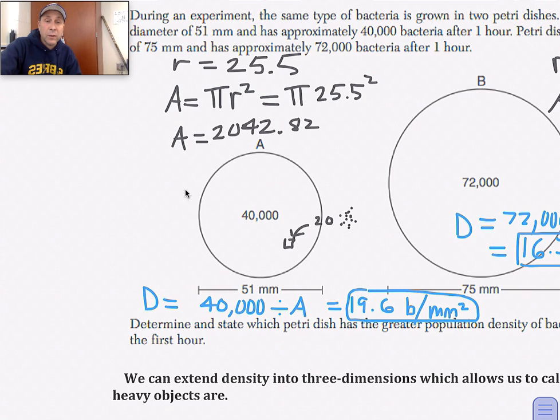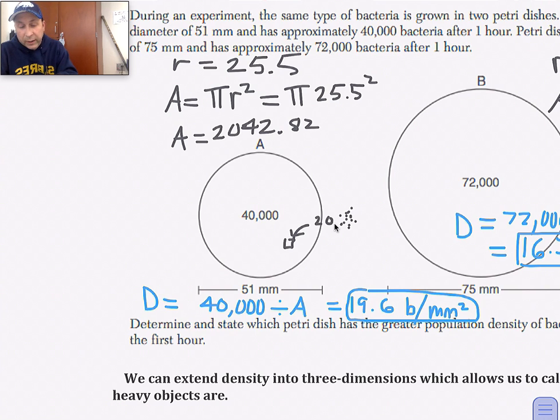I'm figuring out how much bacteria there is per square millimeter, so I'll take the total number inside the circle and divide it by the area. It comes out to about 20 bacteria per square millimeter. That means each 1 millimeter by 1 millimeter square on that plate has about 20 little bacteria in it.